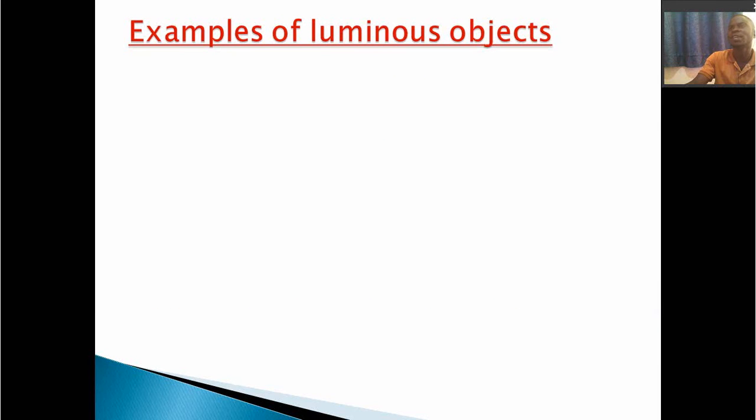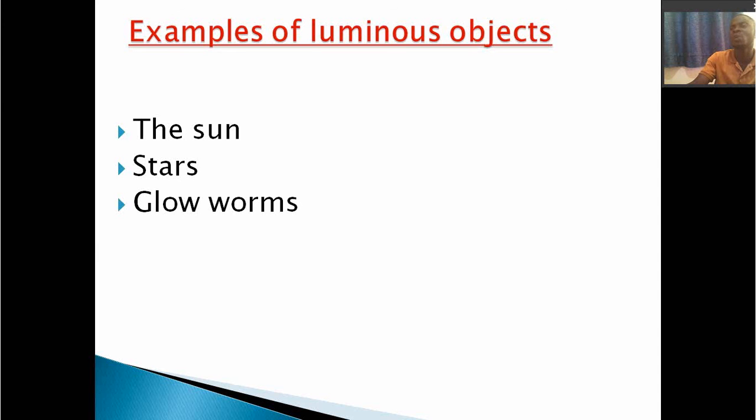Let's look at the examples of luminous objects. The first example of a luminous object is the sun. Yes, the sun is a luminous object because it emits light on its own. Then the stars are also luminous objects because they emit light on their own.